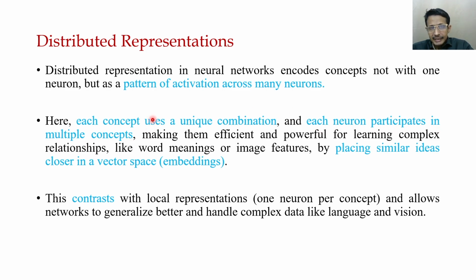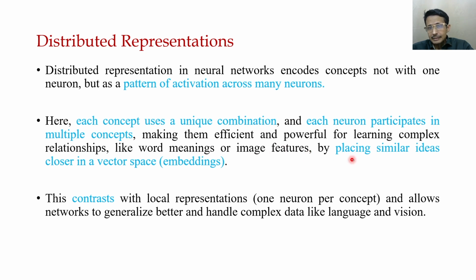So basically, it makes a distributed arrangement. And what essentially happens is that it makes the network an efficient and powerful learning mechanism for complex relationships like word embeddings or image features.